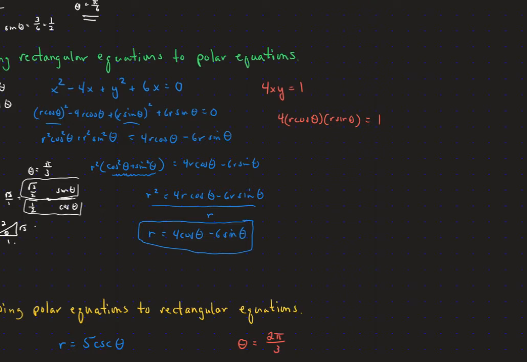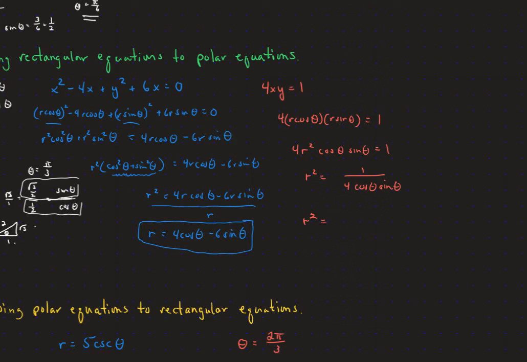So that looks like 4r squared cosine theta sine theta equal to 1. We'd like to get r by itself, but I don't think we really want to do a square root. So we're going to divide by the 4 and the cosine theta and the sine theta. Now, we're not going to square root both sides. We'll live with the r squared, because the radicals just make it look messier.